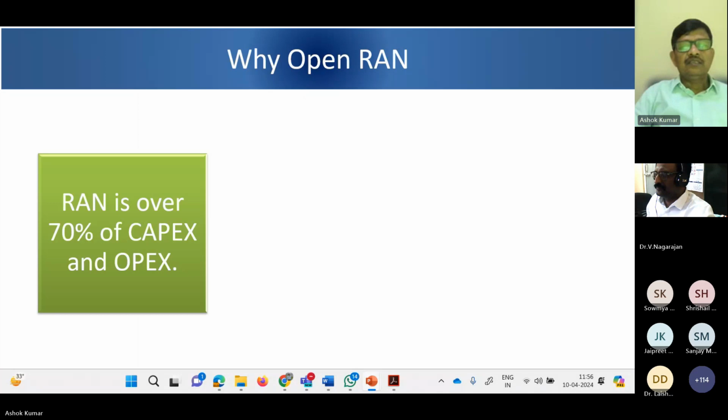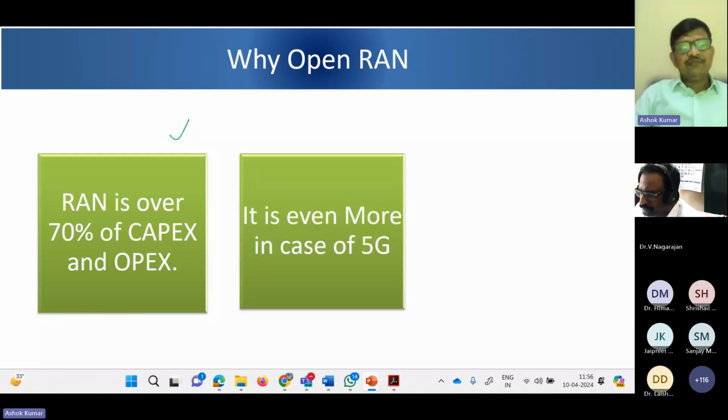First is that the majority of the cost of the network goes onto the RAN. Almost 70 to 80% capex and also opex goes onto the RAN part. In case of 5G, when we have a very large number of small cells, this even goes beyond 70-80%.